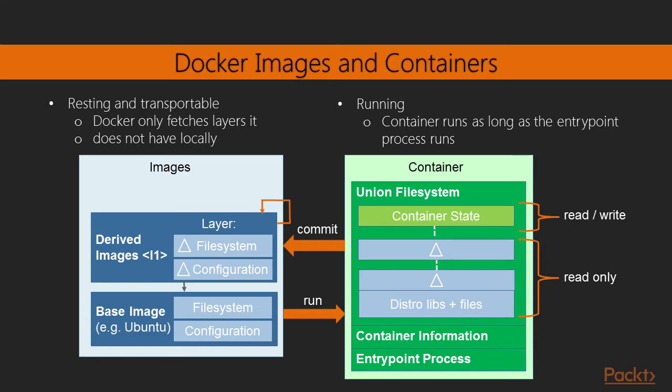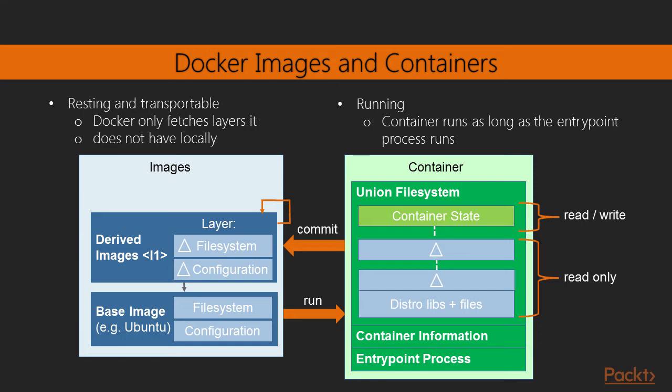As you see here in those graphics, you have a base image, maybe an Ubuntu, as the base file system. And on top of this base image, you put derived images, layer by layer, as many as you like. At the very top layer, what you usually have is your application.